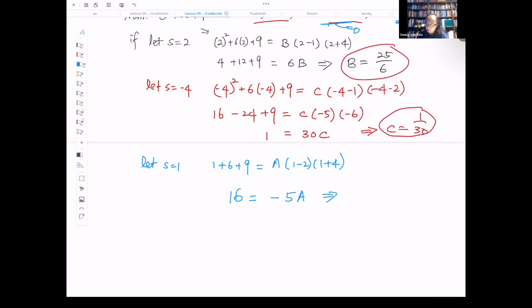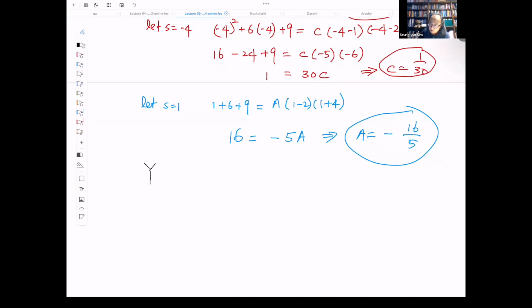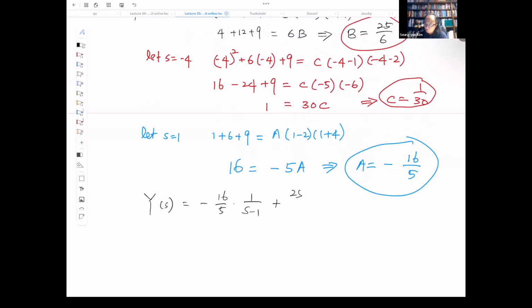So from here, A equals negative 16 over 5. So now we put it back. Y of s equals negative 16 over 5 times 1 over s minus 1, plus 25 over 6 times 1 over s minus 2, plus 1 over 30 times 1 over s plus 4.